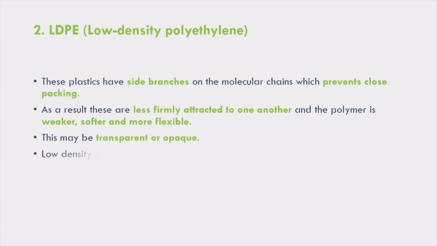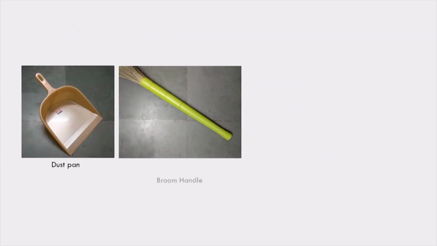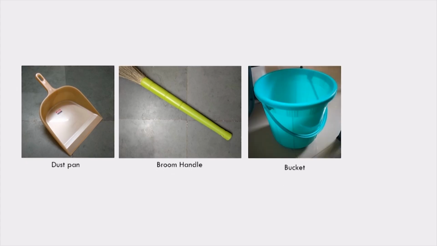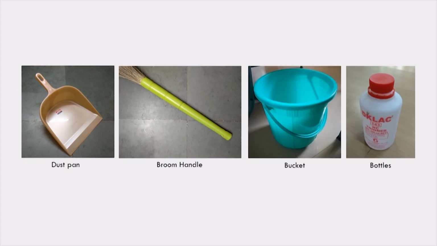Low density polyethylene can be softened at low temperatures like 80 degrees centigrade. These are a few examples: dustpan, broom handle, bucket, bottles.